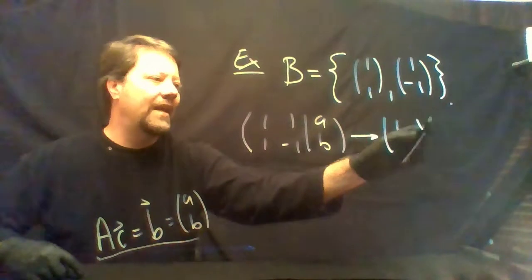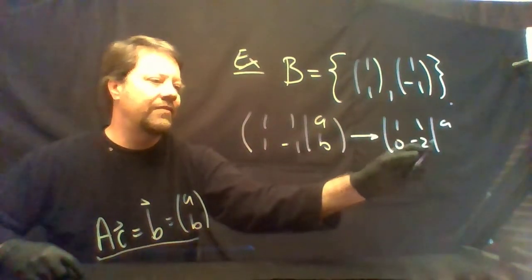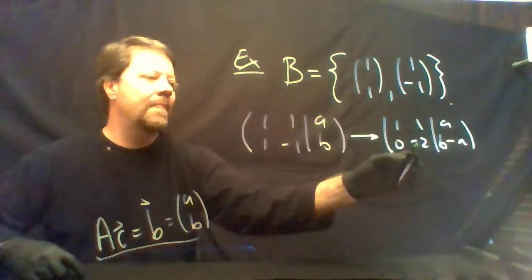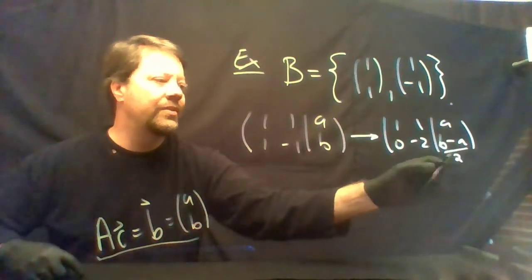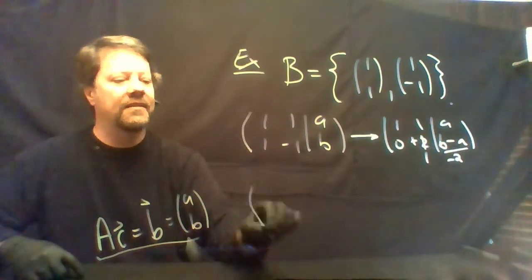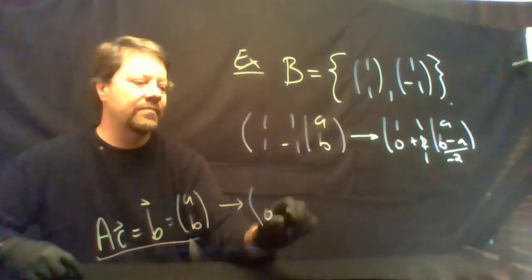Let's see, 1, 1, a; 1, -1, b. Negative 1 times this plus this, we'll have 0, -2, and then b minus a. We'll divide by -2, giving us a 1 in this spot, and then negative 1 times row 2 plus row 1.